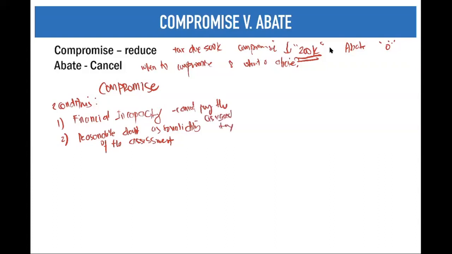Another is when there is a reasonable doubt as to the validity of the assessment. Take note, the BIR gives the assessment, and now the BIR itself doubts the assessment. So you can compromise at that time.